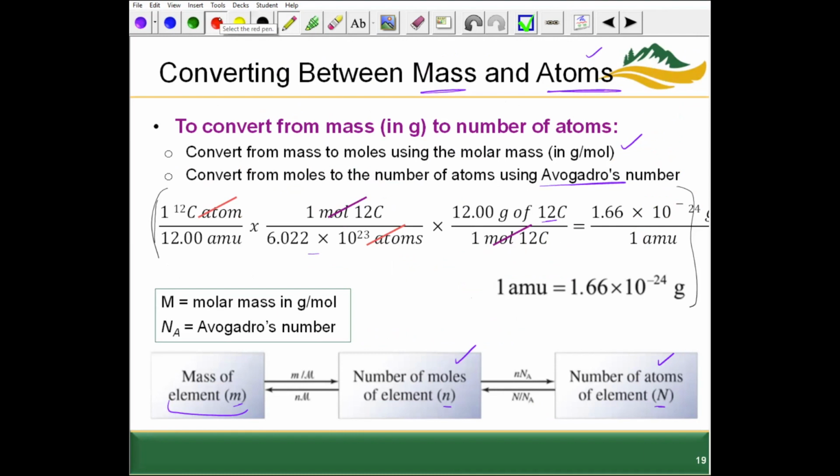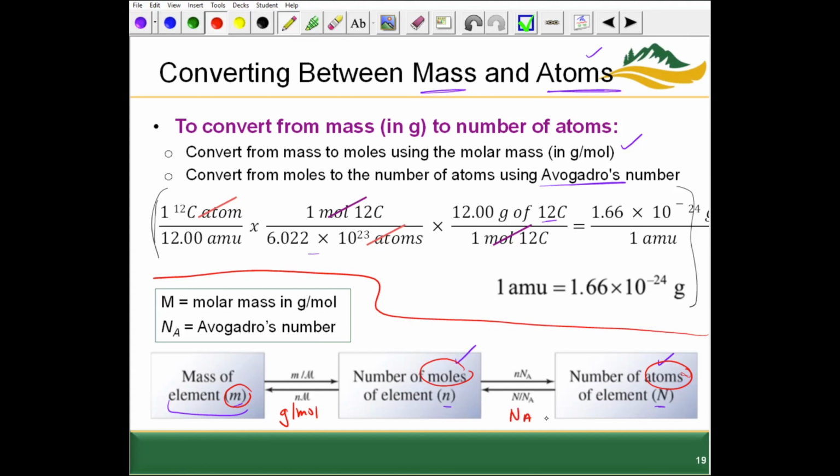So really what I want you to take away from here is to go from the mass in grams to the number of moles to the number of atoms. Here we use the molar mass in grams per mole. Here we use Avogadro's number. We're going to do more examples of this, so hopefully it becomes clear as we go on.